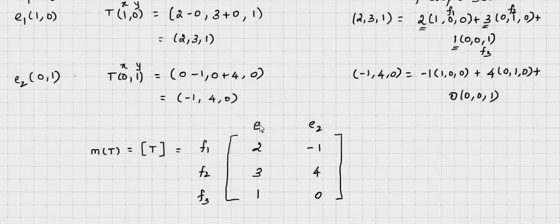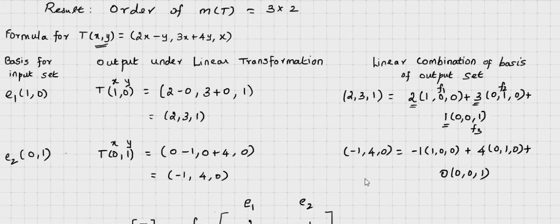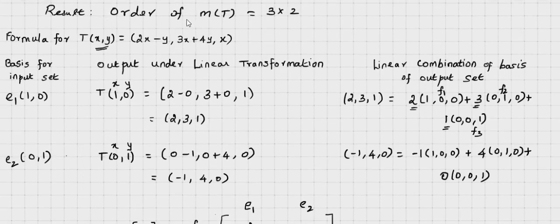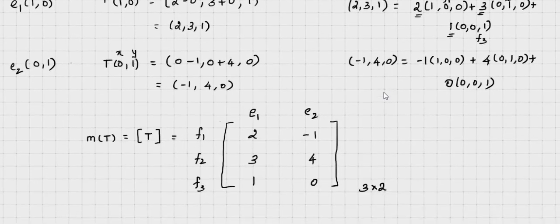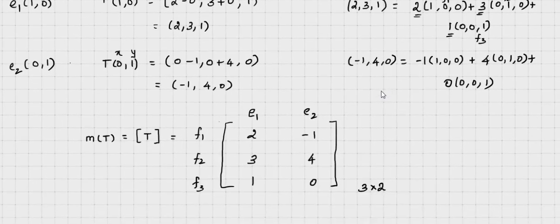So what is the dimension now? How many rows do you have? 3 rows, 2 columns. So again, as we initially showed, this will be the order of the matrix. You should practice many problems with the help of this.